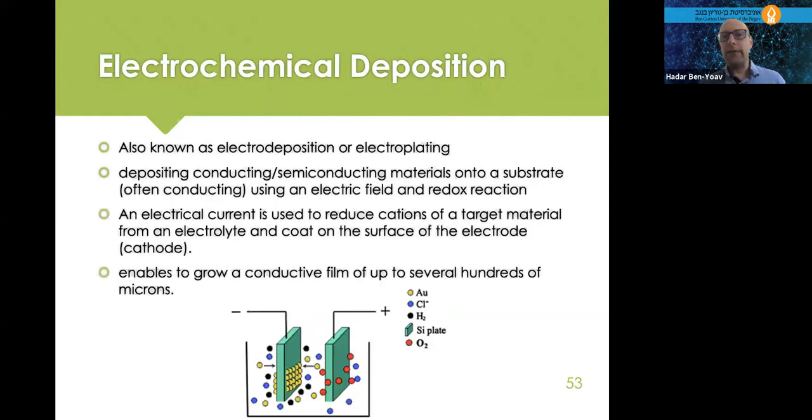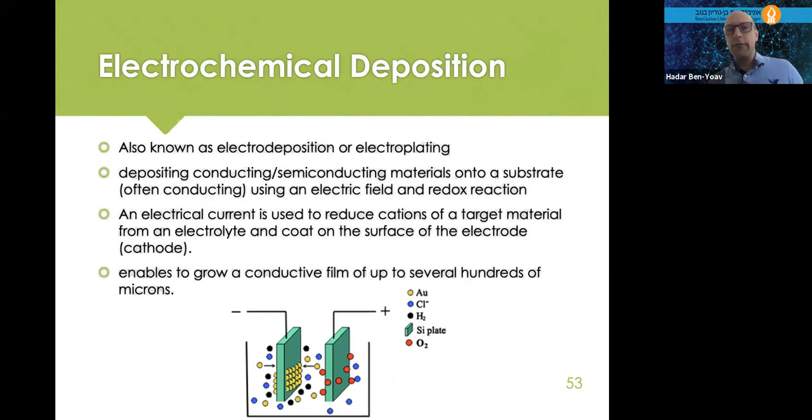There are also types of electrochemical deposition, also a chemical reaction. It's related to electrochemistry that we learned about. So for example, if we have some kind of metal ions on the electrode, we can have an electrolytic cell, apply current, and cause the metal ions to be reduced on the surface of the electrode, causing a thin layer of the metal.